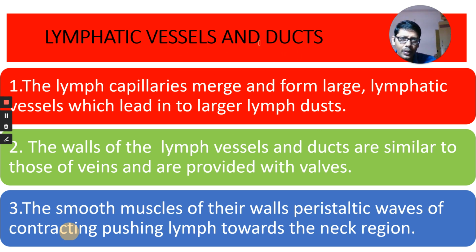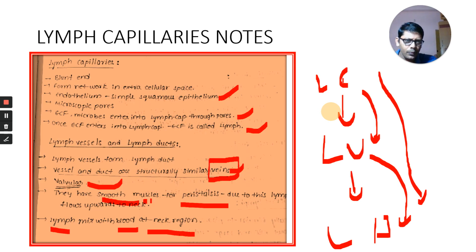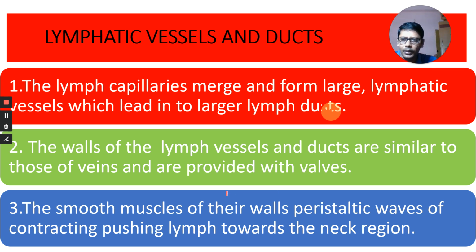See again about lymph vessels and ducts here. The lymph capillaries join and form large lymphatic vessels, or lymph vessels, which lead into large lymph ducts. I told you lymph capillaries join to form lymph vessels, and vessels join and form lymph ducts.